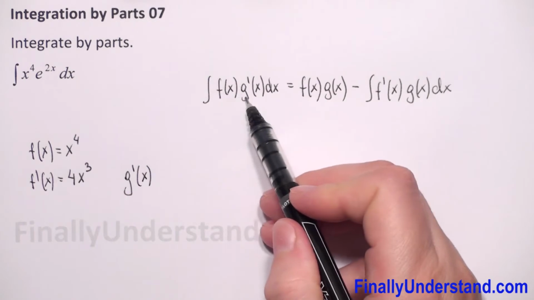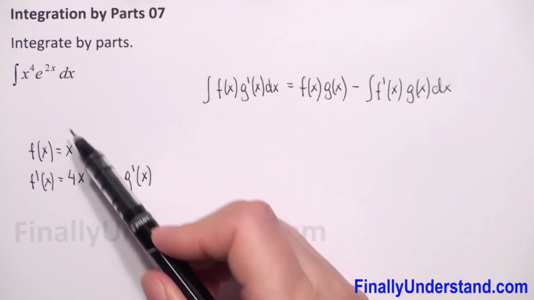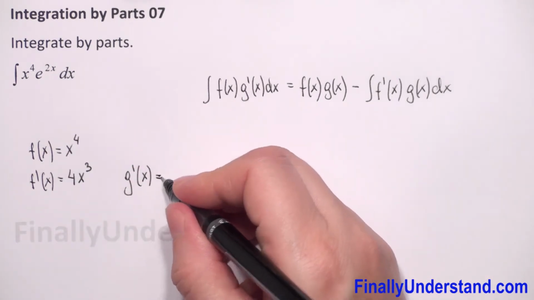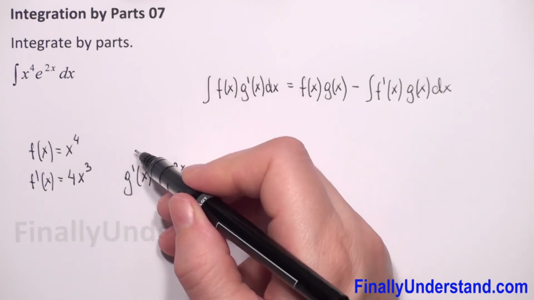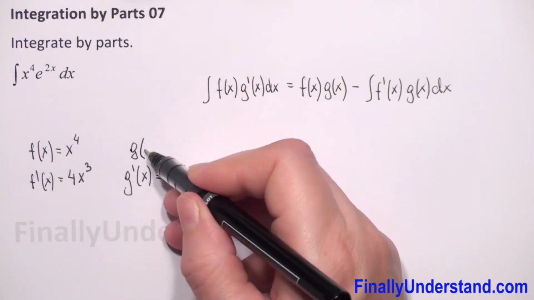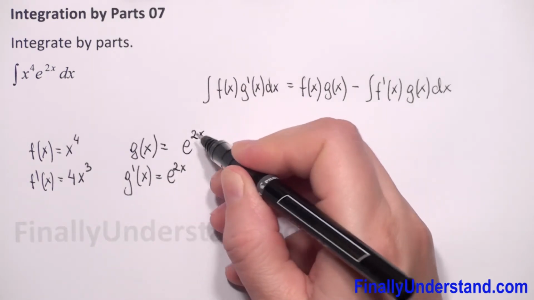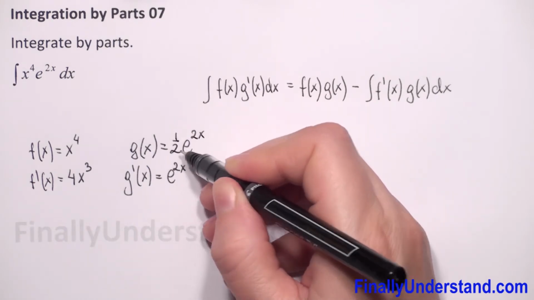We just use this formula. When we put f of x equals x to the 4th power, whatever is left must be our g prime. So e to the power 2x. Now we have to find the antiderivative of g prime. So this is equal to e to the power 2x, and we have to multiply by 1/2.